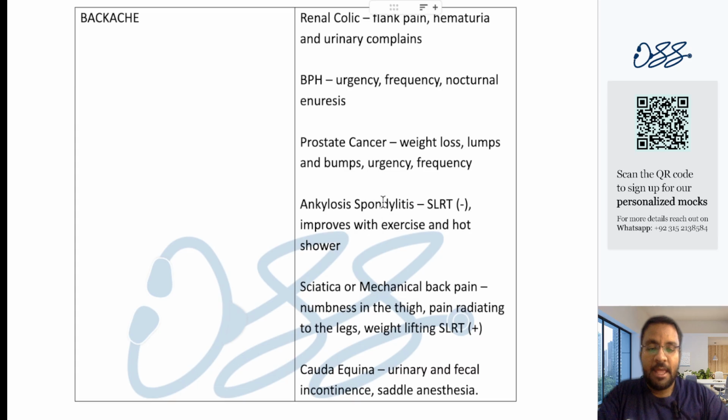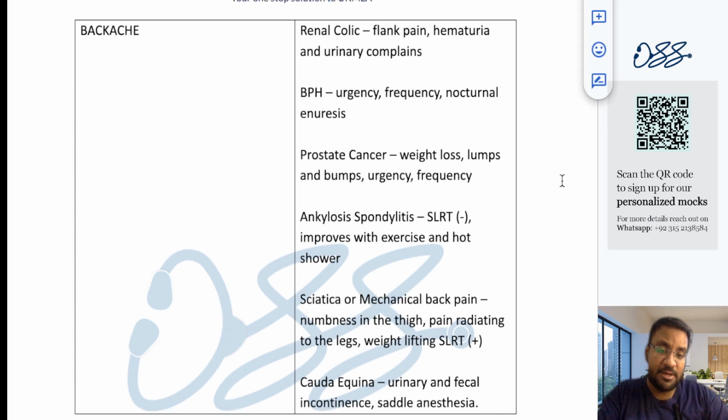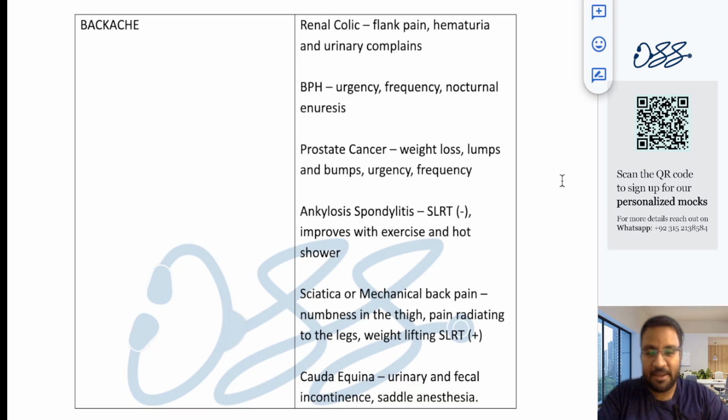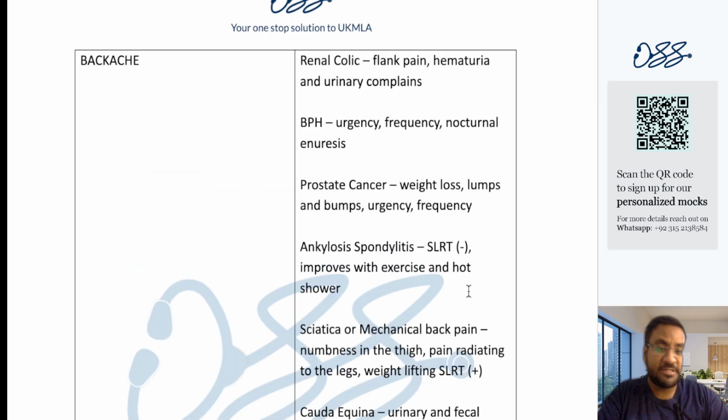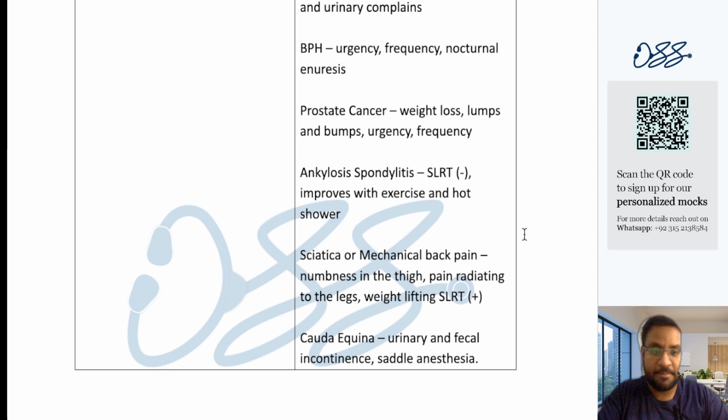These are the differentials that you need to rule out when it comes to back pain. The back pain of renal colic will be associated with urinary complaints. BPH would also be associated with urgency and frequency. Prostate cancer will have weight loss as well along with back pain.